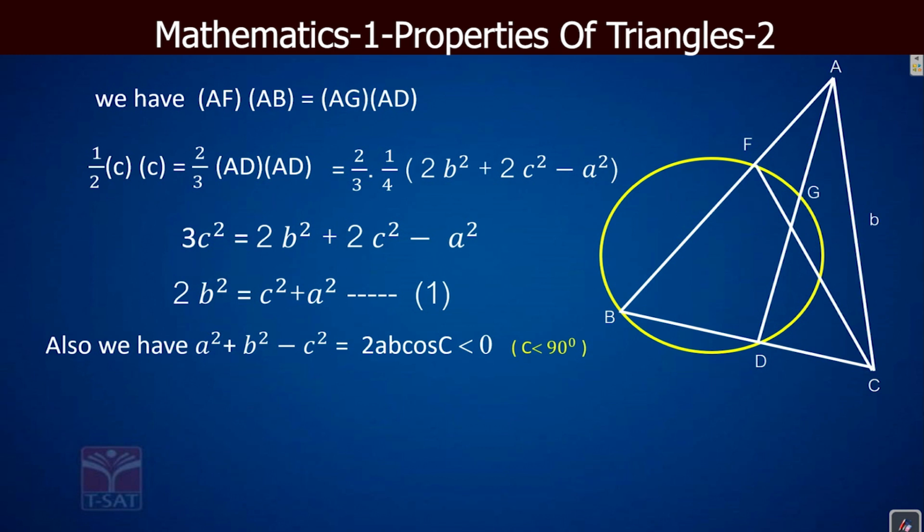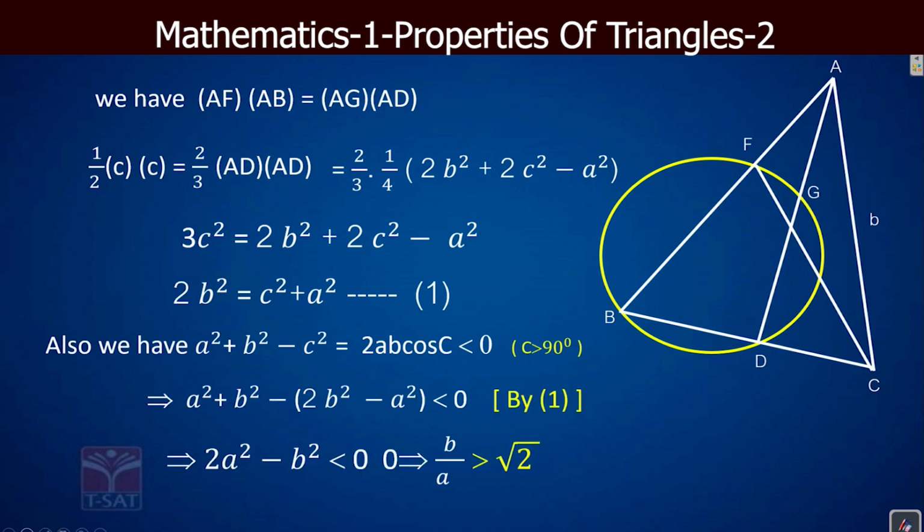So therefore a square plus b square minus (2b square minus a square) is less than 0, because we have substituted for c square by 1. So this shows that 2a square minus b square is less than 0, or b by a is greater than root 2. So the correct option is option 2.